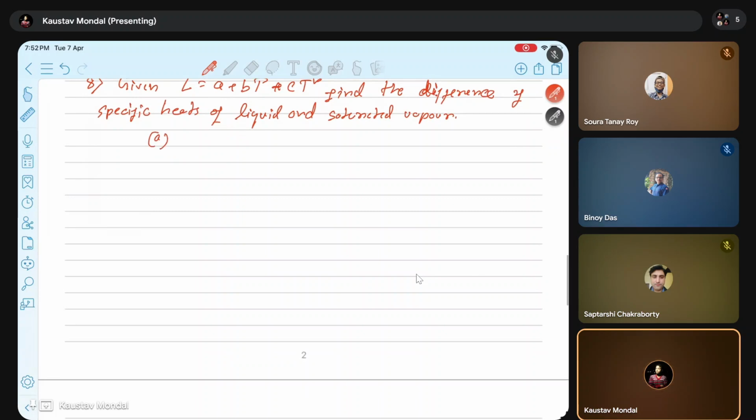Option A is CT minus A by T, option B is AT minus C by T, option C is BT minus C by T, and option D is A minus C by T square.